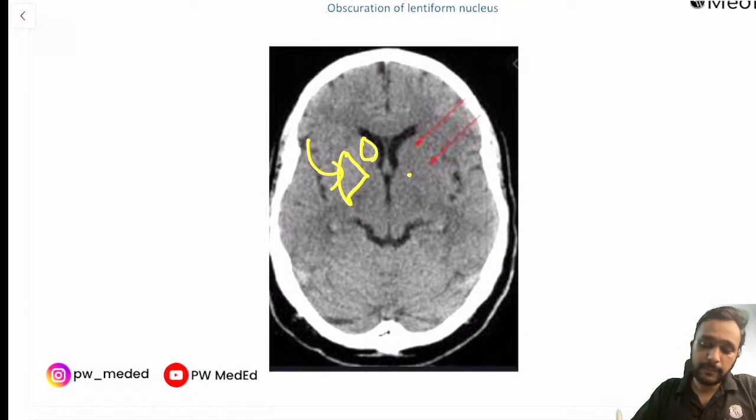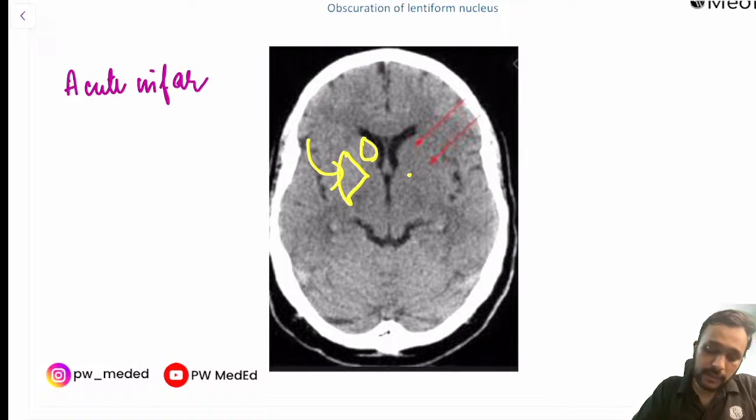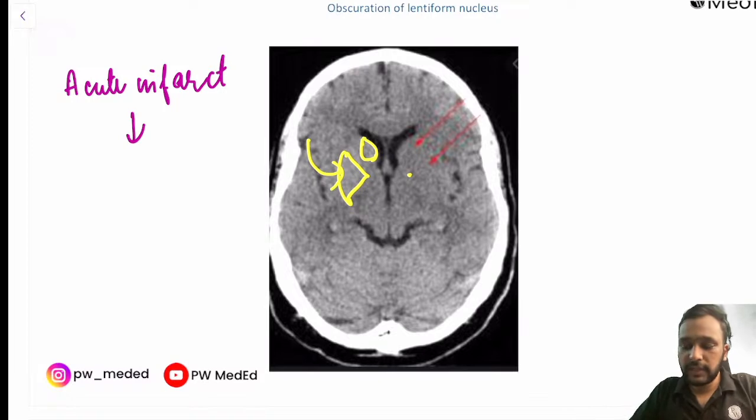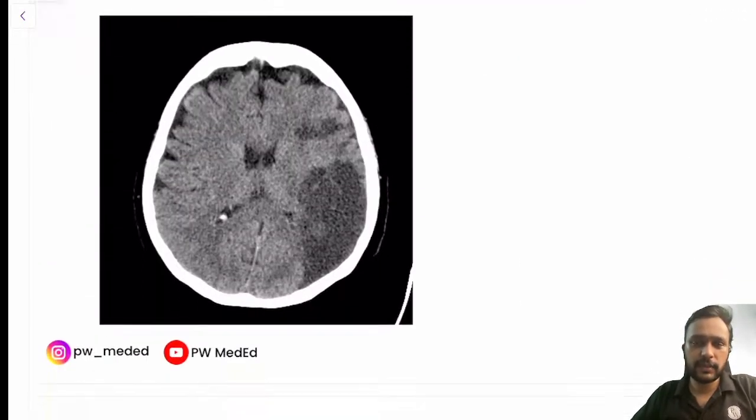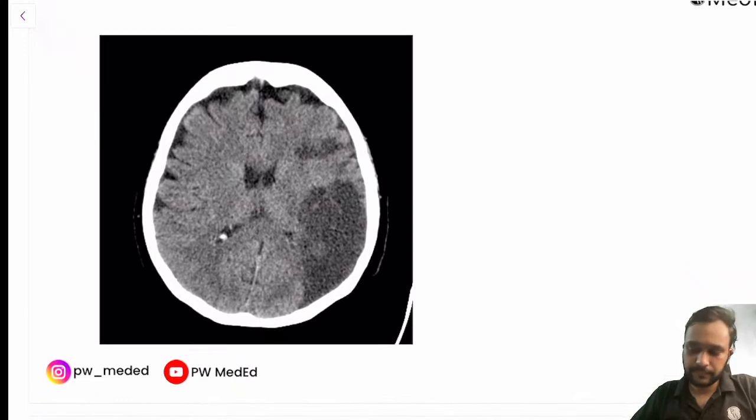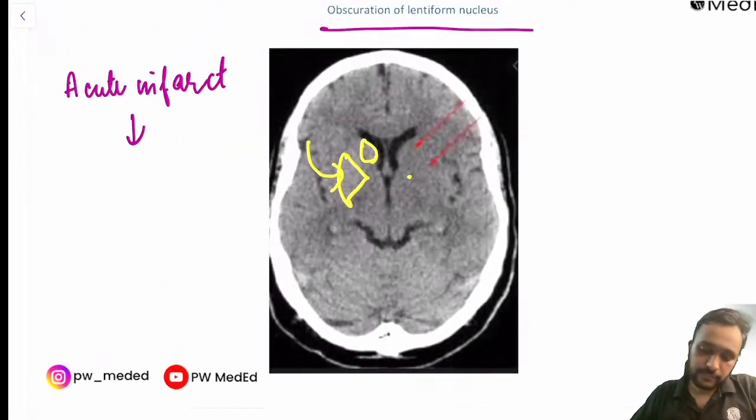So this is another important feature that you can see in acute infarct on the NCCT head, and this is known as obscuration of the lentiform nucleus, right?